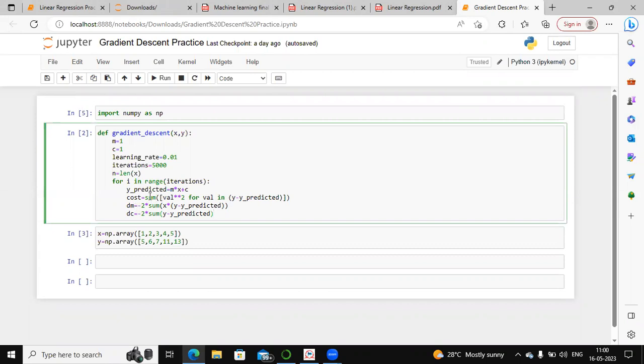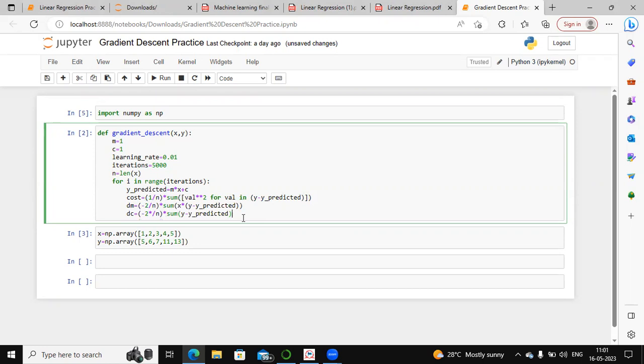For easy computation, we have to divide the cost function, dm and dc by the length of the array. So which comes out to be 1 by n into this, and minus 2 by n into this sum, and minus 2 by n into the sum.